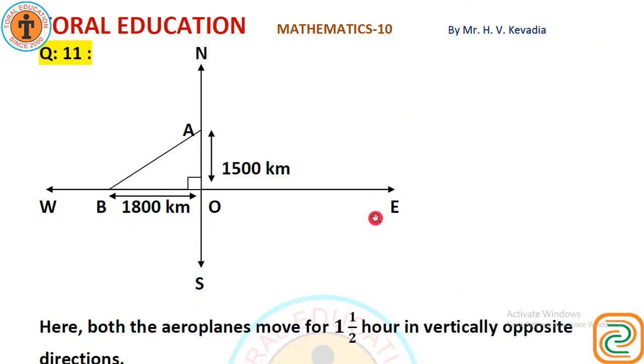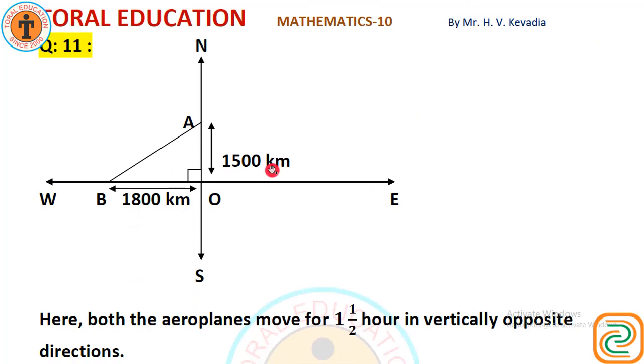Question number 11. An aeroplane leaves an airport and flies due north at the speed of 1000 km per hour. Look at the aeroplane. This is the base. The speed of this one is north, in this direction.